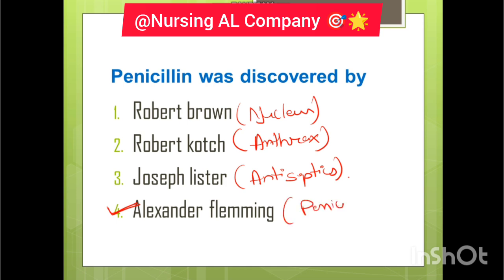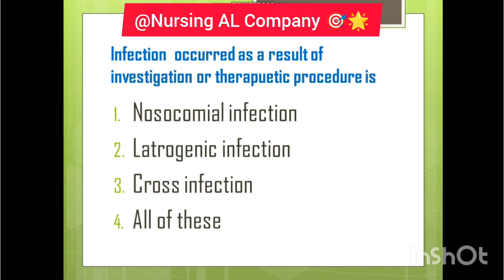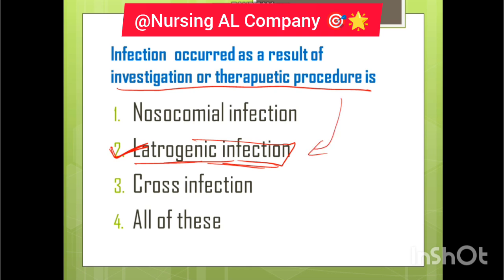Right, the last question: the infection occurring as a result of an investigation or therapeutic procedure. The answer is iatrogenic infection. This is the definition of it. Nosocomial is hospital acquired, and cross infection is from one person to another.